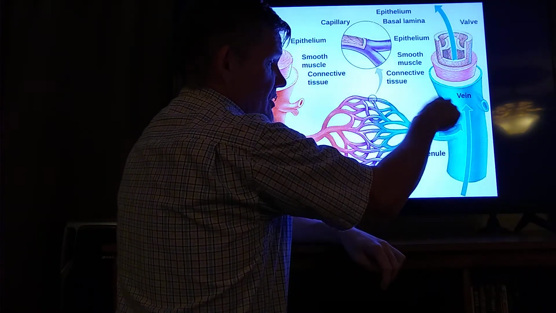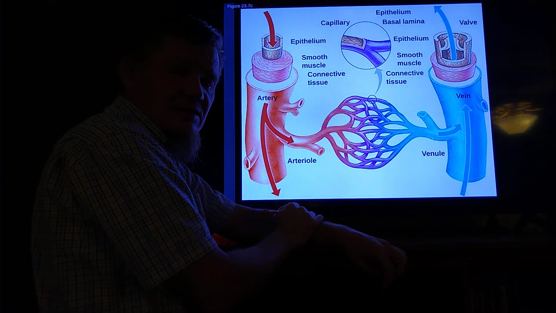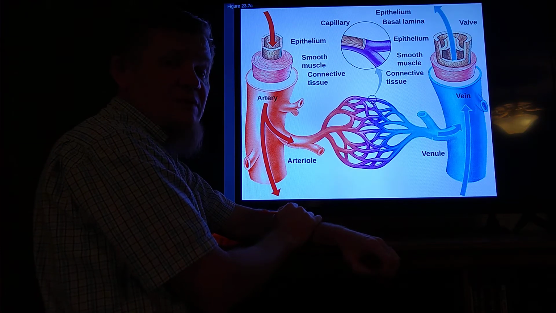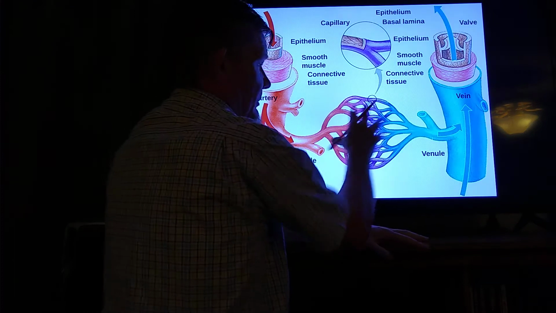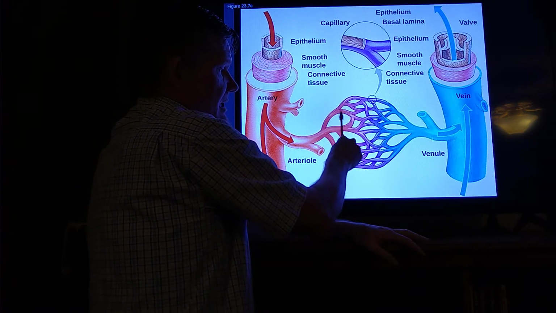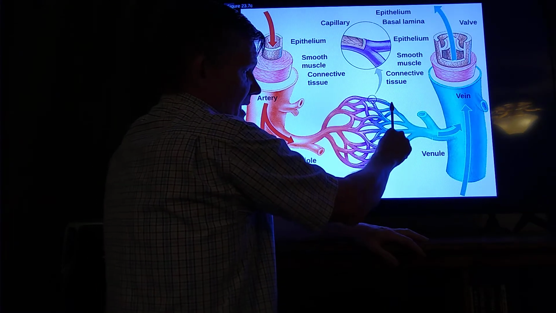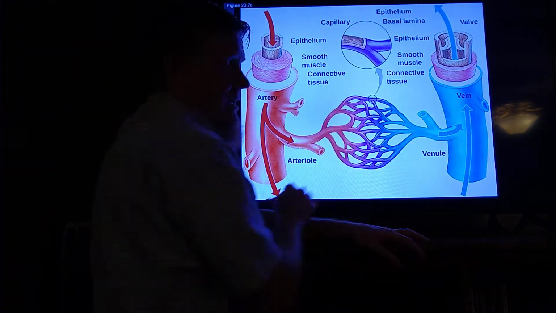So this trashy blood now goes back to the heart, so the heart can send it to the organs that are going to take the trash out, and to the organs that are going to refill it with oxygen and nutrients. Capillary bed: most of the fluid comes out on this side and feeds the cells. That fluid comes back in on this side and then gets taken back to the heart so it can be refreshed.